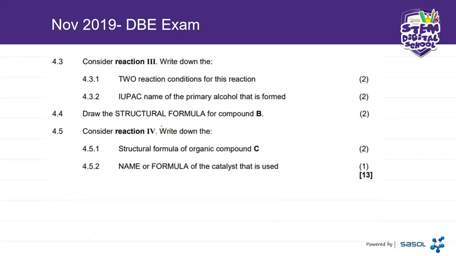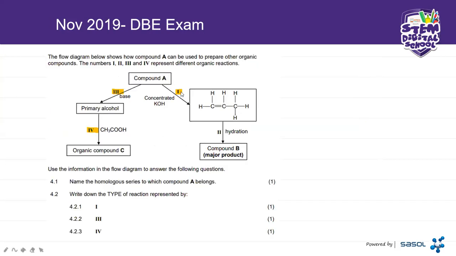Because now we've got a primary alcohol, but before we had our halide, which could have been a Br or a Cl, and it was replaced with our OH. Okay, so that gave us our primary alcohol. So we changed the whole formation. It moved from a halogen into a primary alcohol.